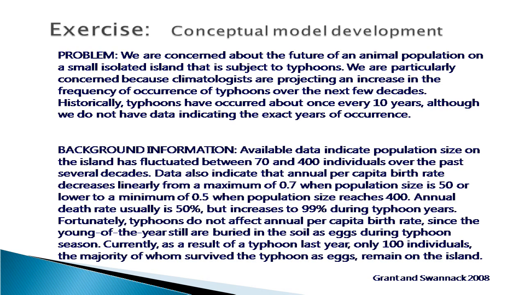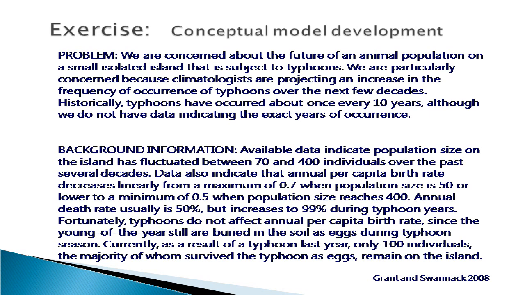We have available data that indicate population size on the island has fluctuated between 70 and 400 individuals over the past several decades. Data also indicate that annual per capita birth rate decreases linearly from a maximum of 0.7 when population size is 50 or lower to a minimum of 0.5 when population size reaches 400.